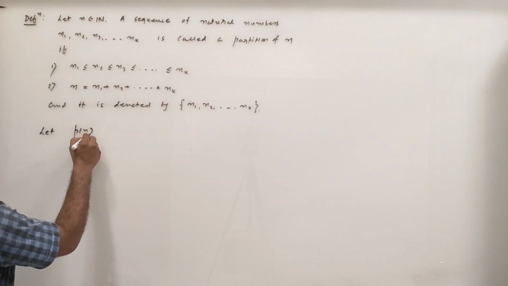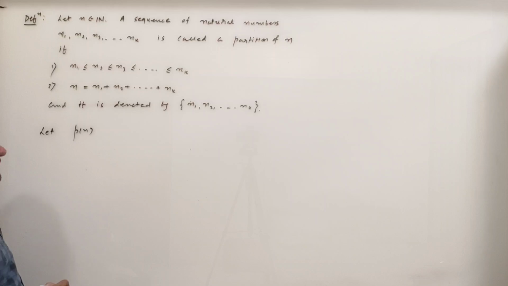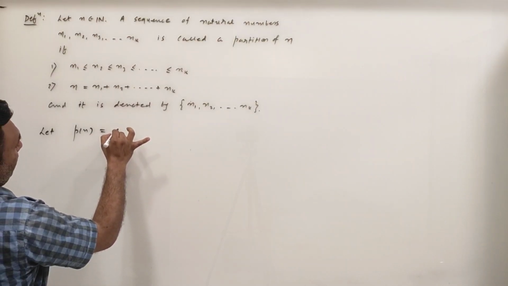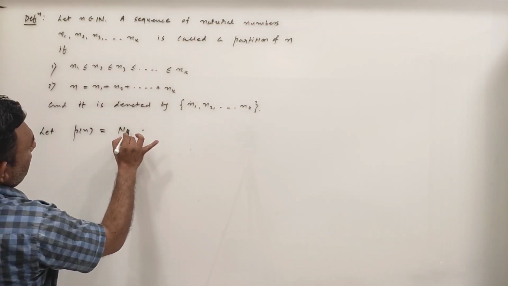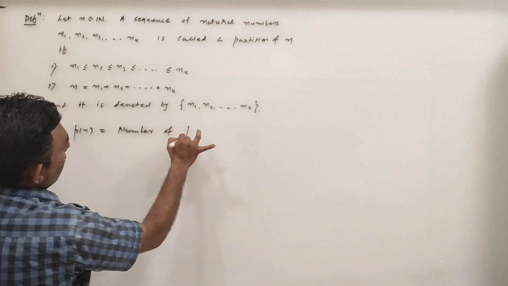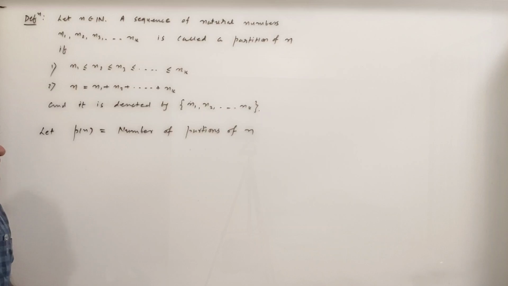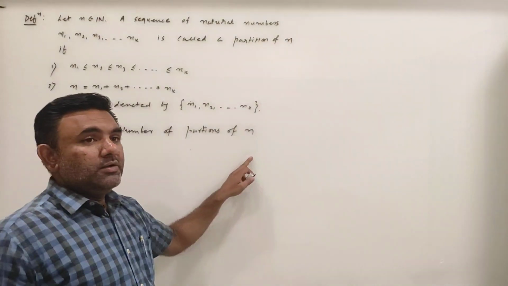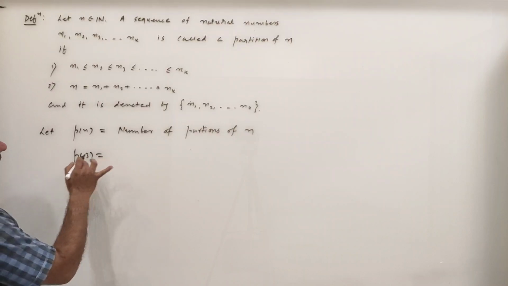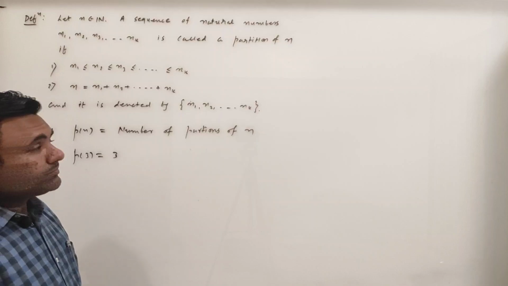Let P(n), where n is a positive integer, be equal to the number of partitions of n. So for example, P(3) is the total number of partitions of 3, and it is 3, as we have listed, right?